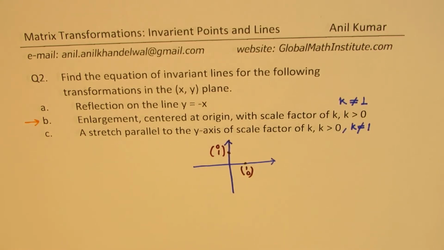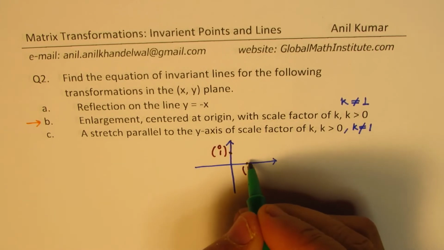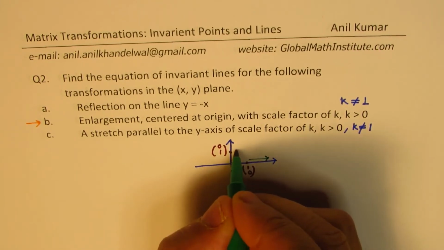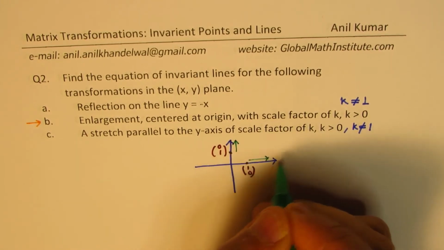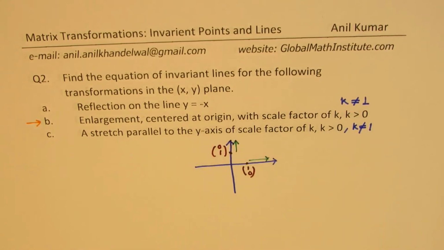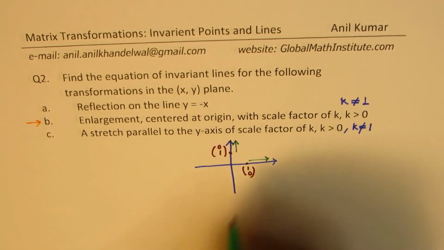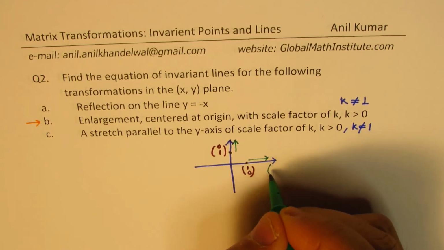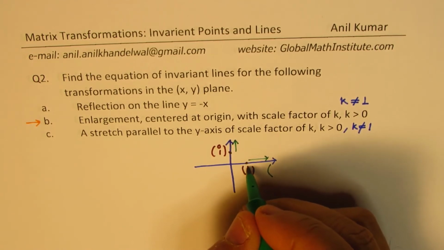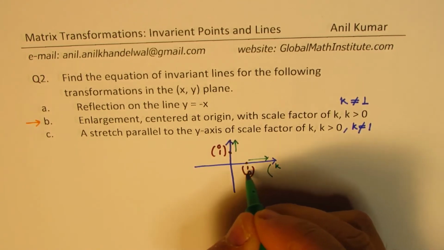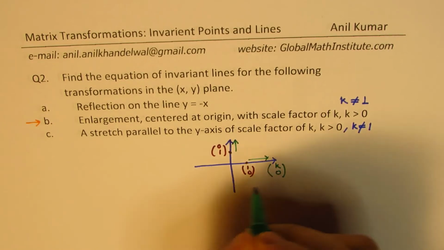That means on both the sides it is enlarged, right? So it gets multiplied, so it moves here, and that also moves outwards, and the scale factor is k. So the points which you get after enlargement will be the x value will change to k, the y value remains 0 in this case.